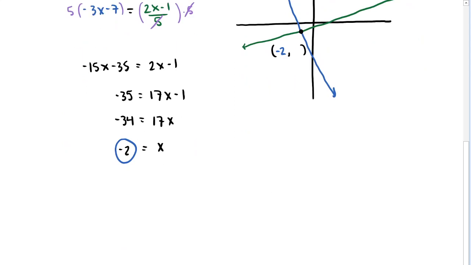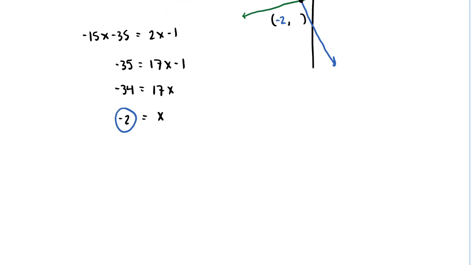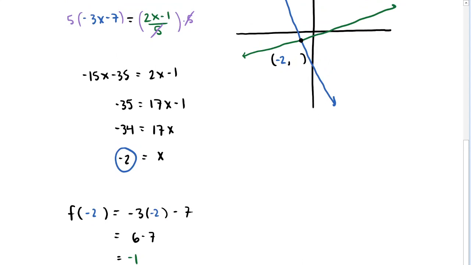So here if I take my f function, and I input -2 into that function, this is going to give me the corresponding y value for this function. So here this is -3 times -2. Take away 7, we get out +6 minus 7, we get out -1. So that's the y value of this coordinate.